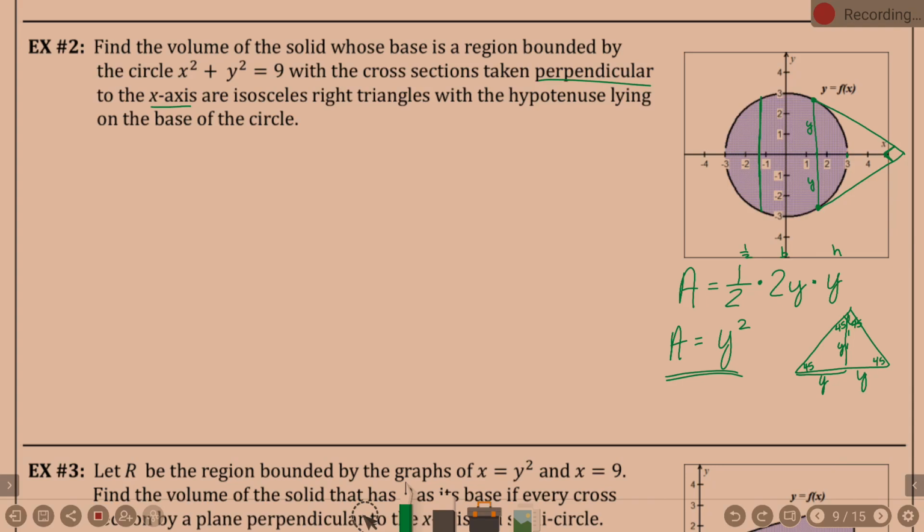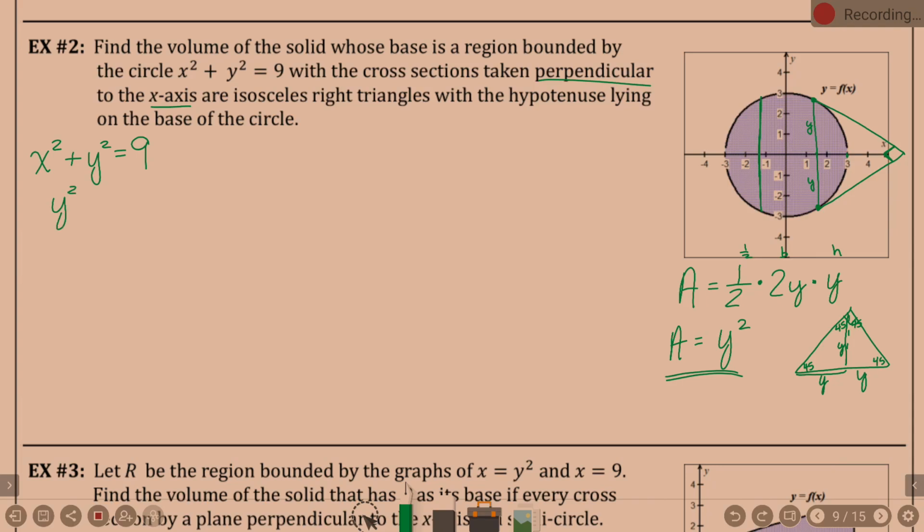Now, we're not working in terms of y though, right? We need to know what that is in terms of x. Remember, they didn't give me an equation that was solved for x or y, did they? We have to solve it appropriately. Since it's perpendicular to the x-axis, we're working in terms of x, so solve this for y.